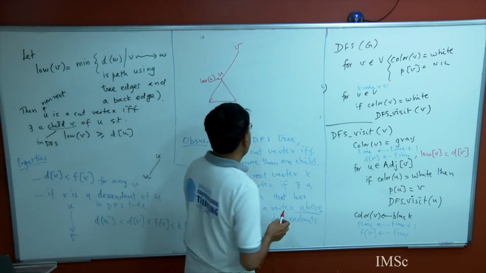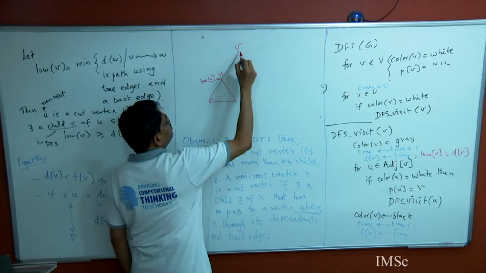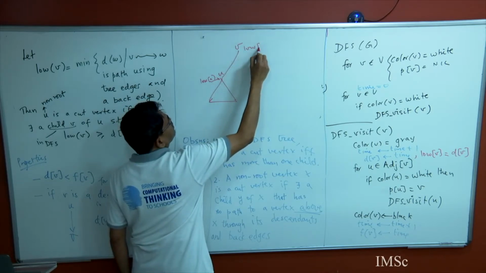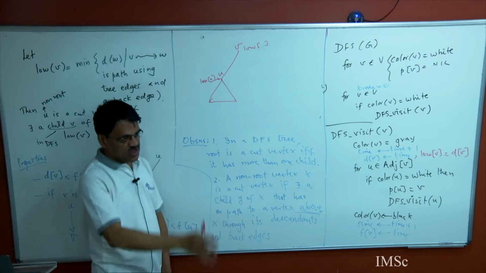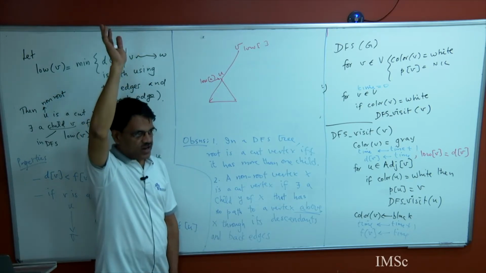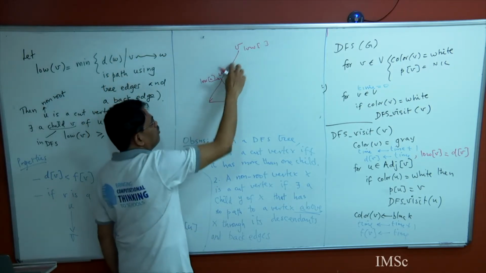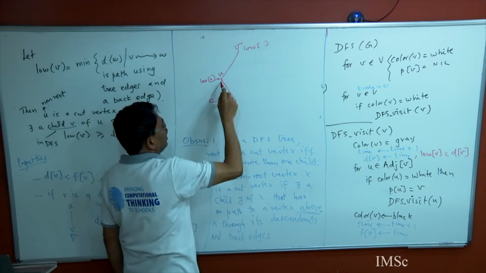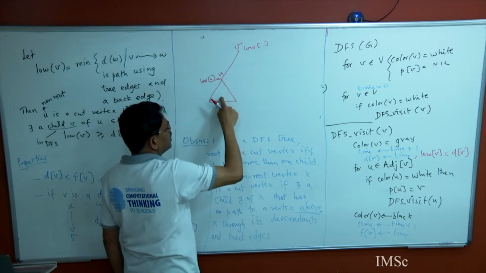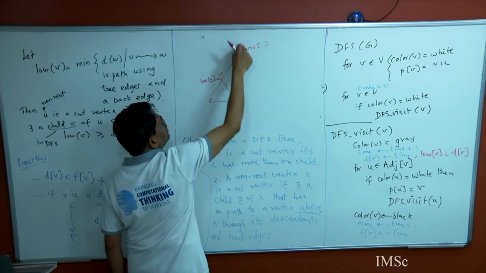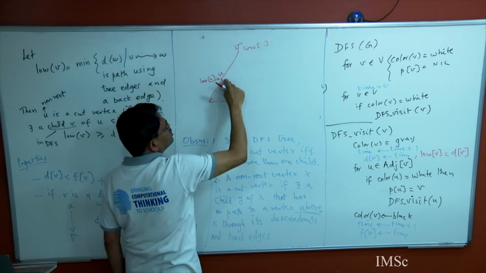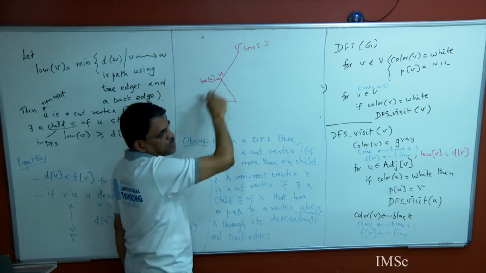Exactly. Because at this point I have a low value stored, which tells me from whatever I have explored what is the highest vertex I can reach. Now you finished with U, and from U I know through tree edges what is the maximum I can go. So if this guy can jump above this, then I will update this to this value. Otherwise keep it.